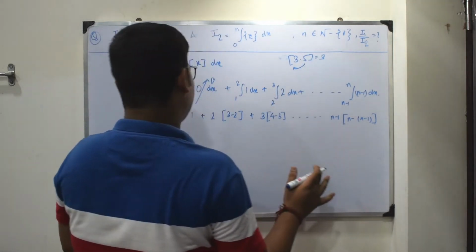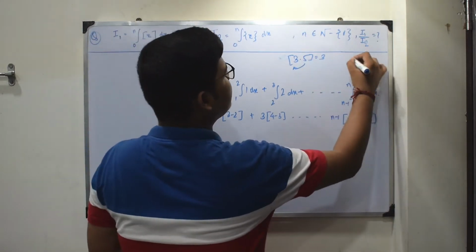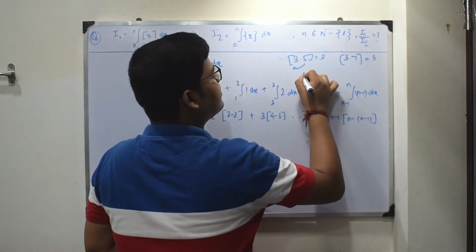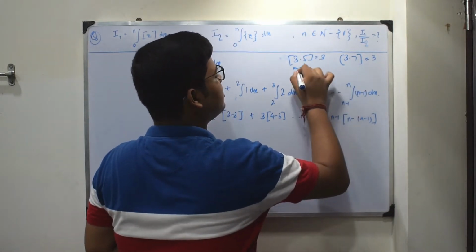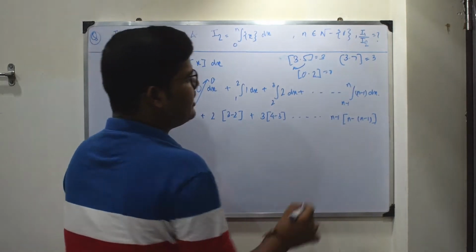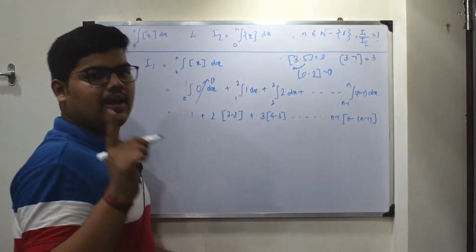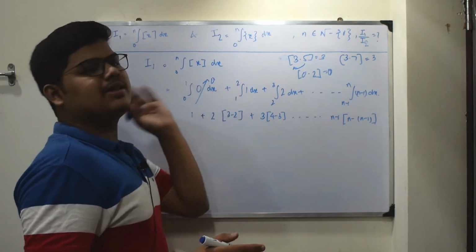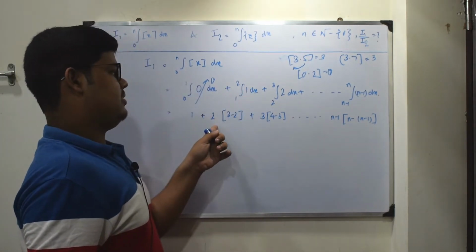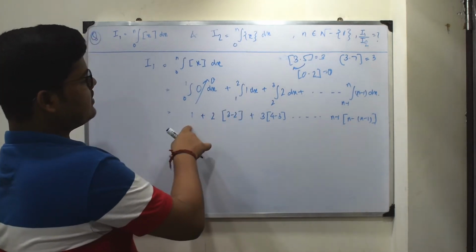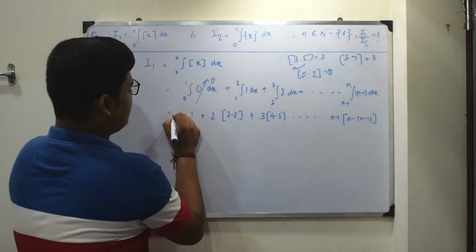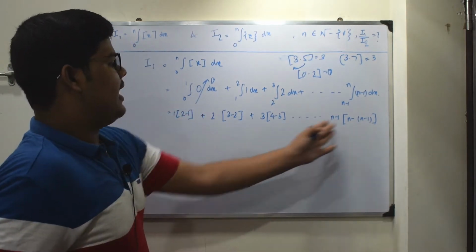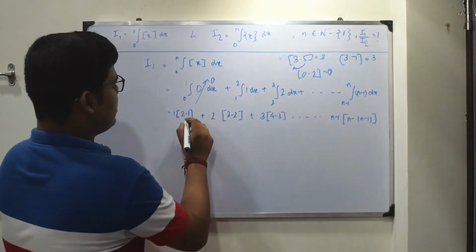So for 3.5 it's 3, for 3.7 also it's 3, and for 0.2 it's 0. Any number lying between 1 and 2, for example 1.5, will have a GIF of 1. So I have just taken 1, and here it should be 1 times 2 minus 1 for better explanation, and likewise like this.